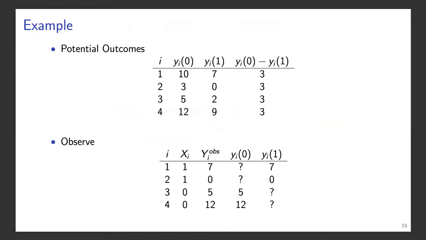Conceptually, we can think of a table of the potential outcomes for all of our units, given at the top of this slide. Sometimes people refer to this as the science table or the nature table. If we were omniscient, we would be able to see this table and the individual causal effects for everyone. In this case, it's an example where the causal effect on the additive scale is the same for everyone.